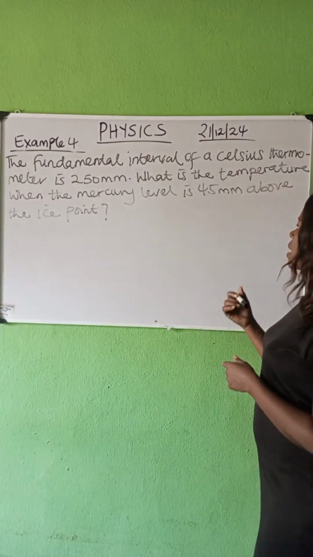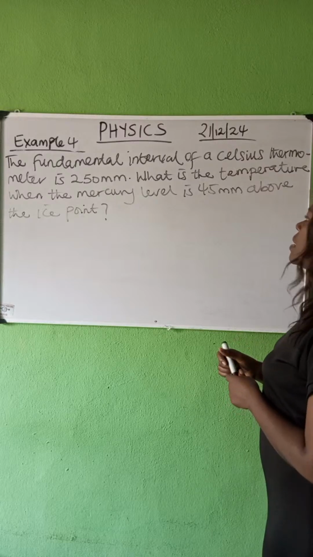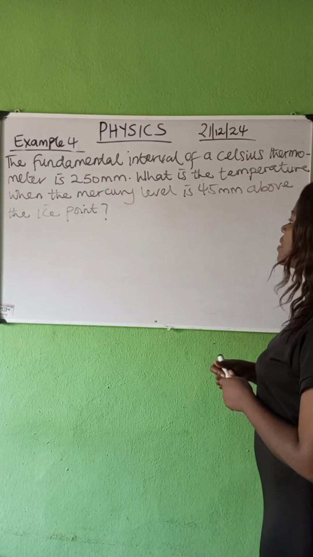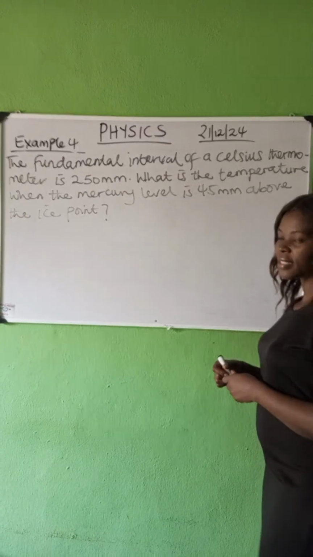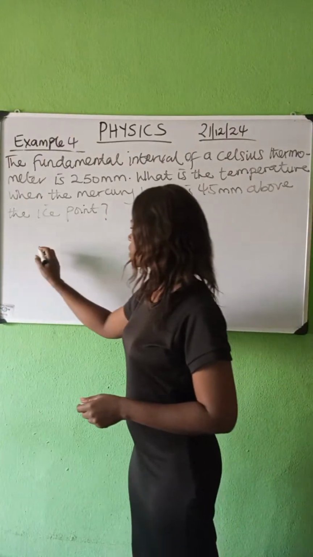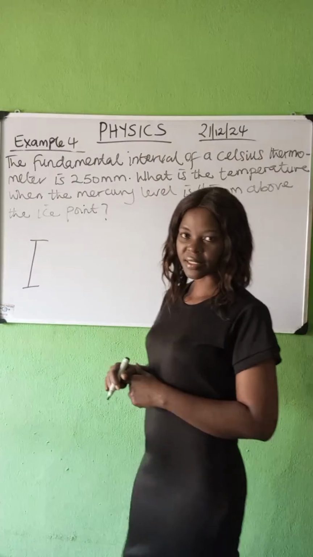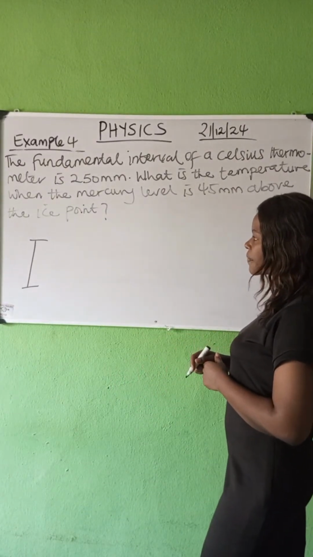The fundamental interval of a Celsius thermometer is 250 millimeters. Now, this one is measured in millimeters, right? And I've given us the fundamental interval.